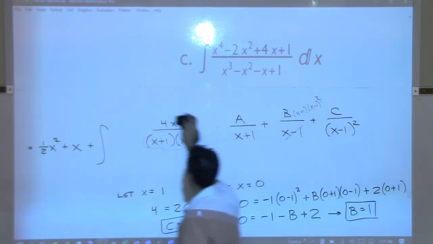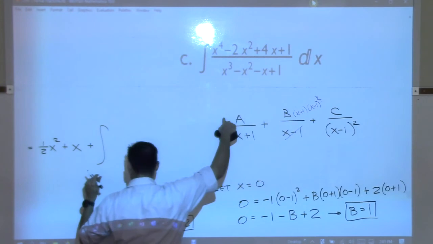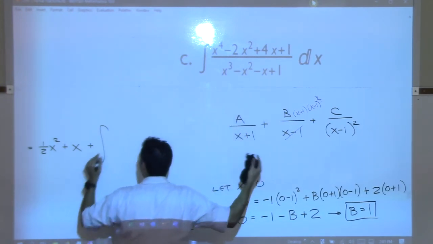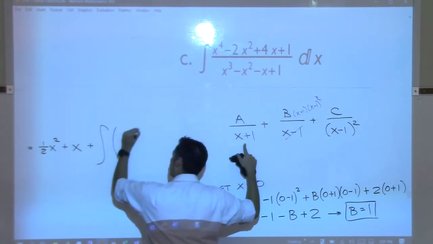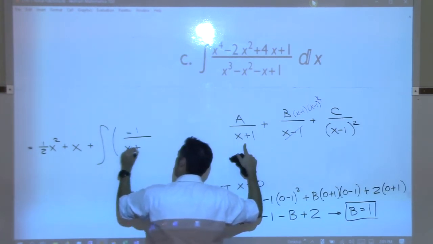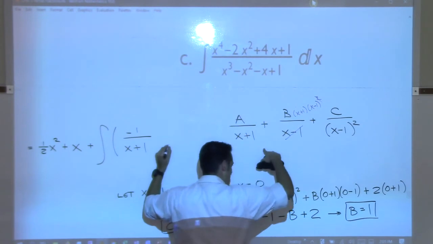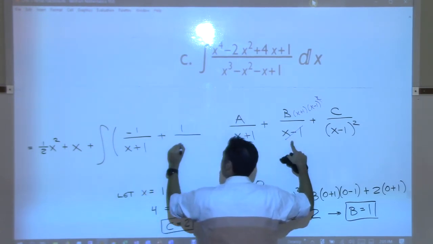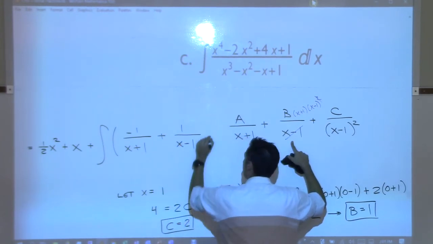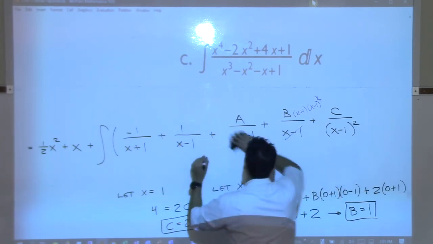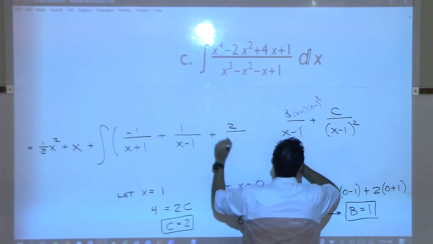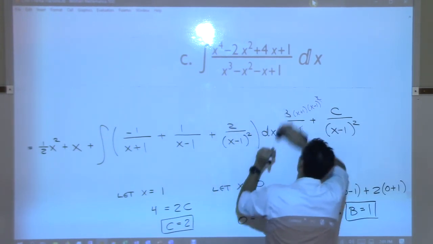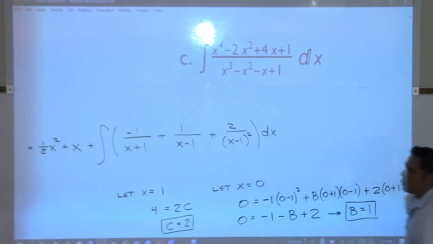So that new integral for us is a, which is negative 1, over x plus 1, and then plus b, which is 1 over x minus 1, and then plus c, which is 2 over x minus 1 squared dx. There it is. That's where we are now.